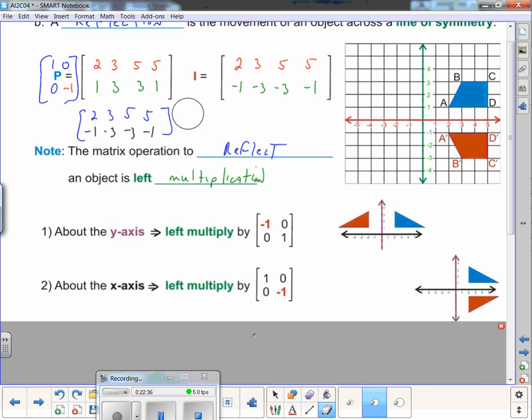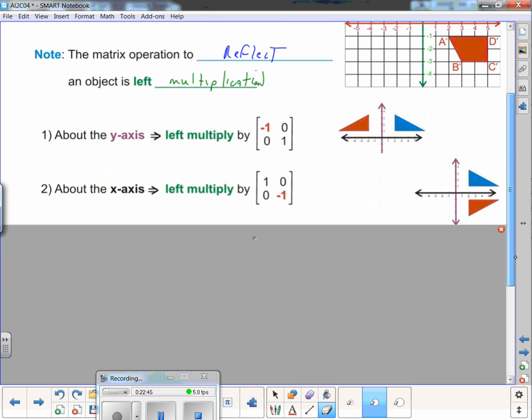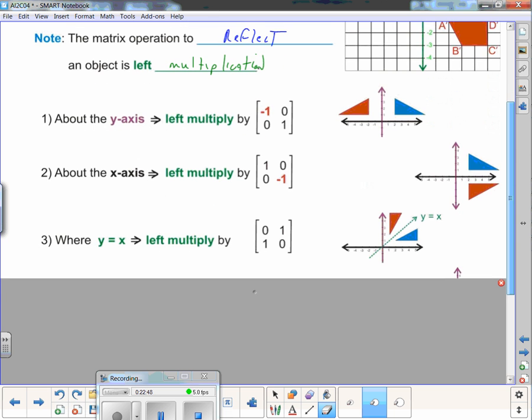Okay, so how do you reflect about the y-axis, the x-axis? Then you've got that matrix. If you looked down the road, and you probably have, how do you reflect about a 45-degree angle? Hopefully you agree that's what this is. This is a 45-degree angle.